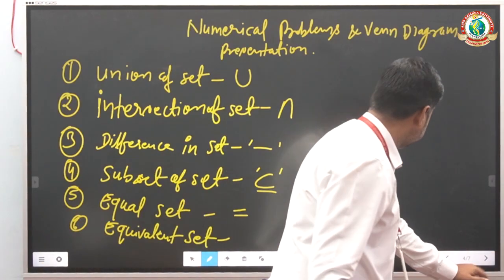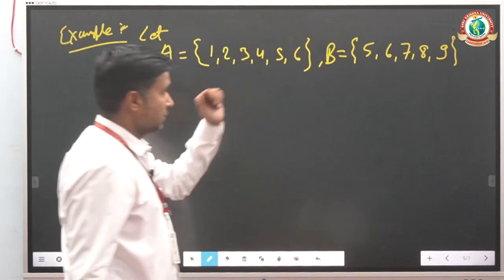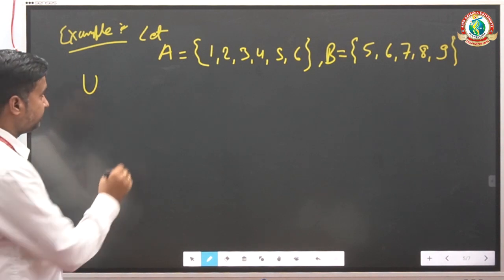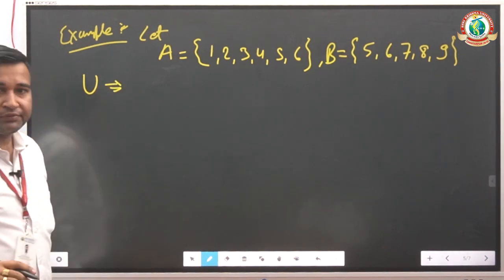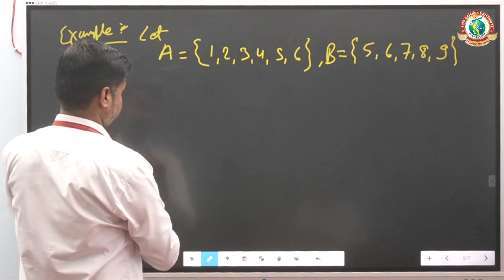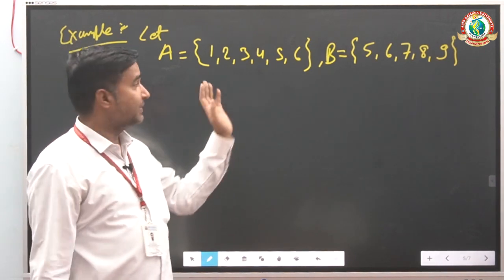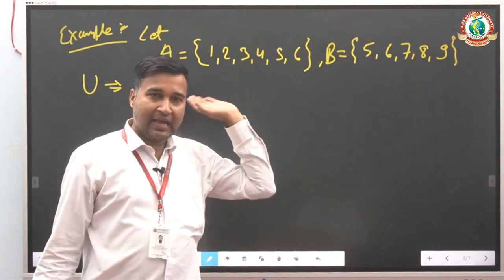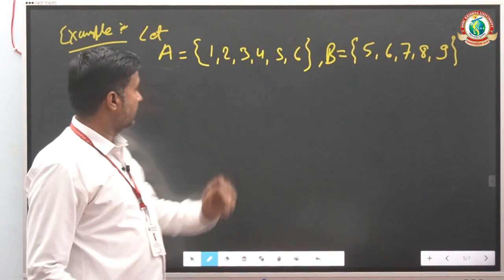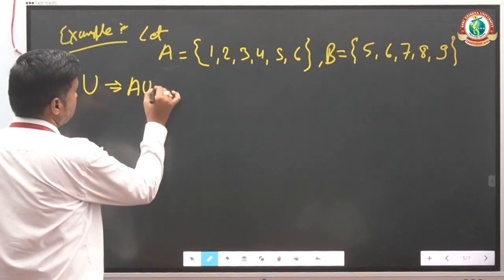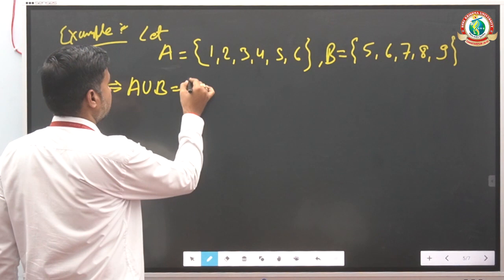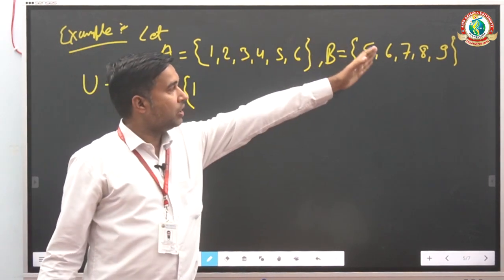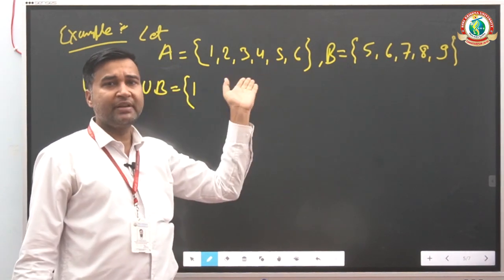So now first of all we solve union. What is union? Union of sets contains all elements present in A and all elements present in B. A union B: the solution is we take all elements present in A and all elements present in B. Repetition is not allowed.